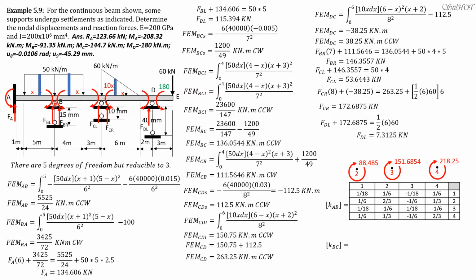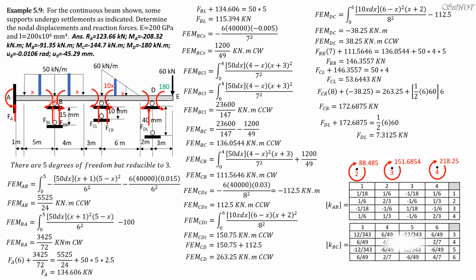Important nodes are, sorry, 4, 6, 8, which correspond to theta B, theta C, and theta D. So let's have the stiffness of member, which is 12 divided by 6 cube, and we already encountered that, 1 over 18.